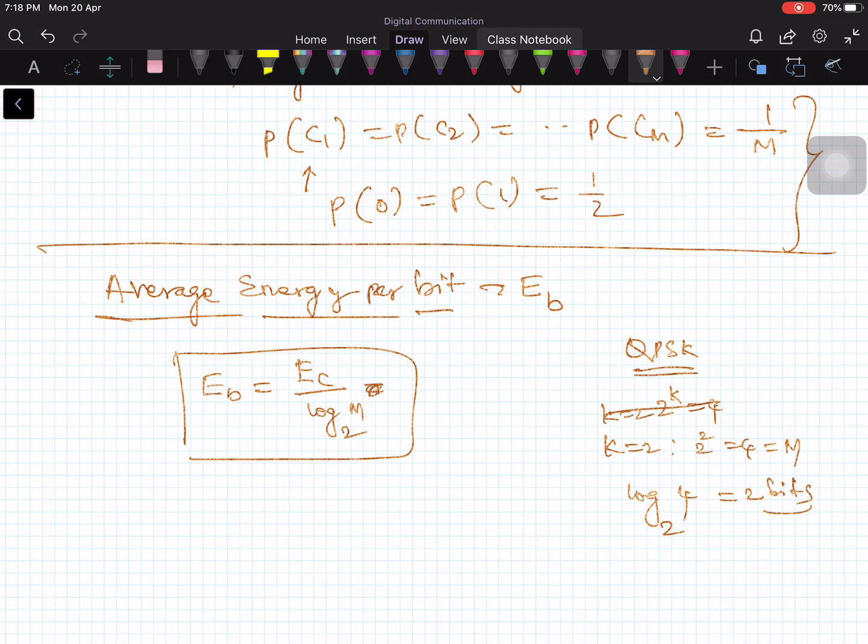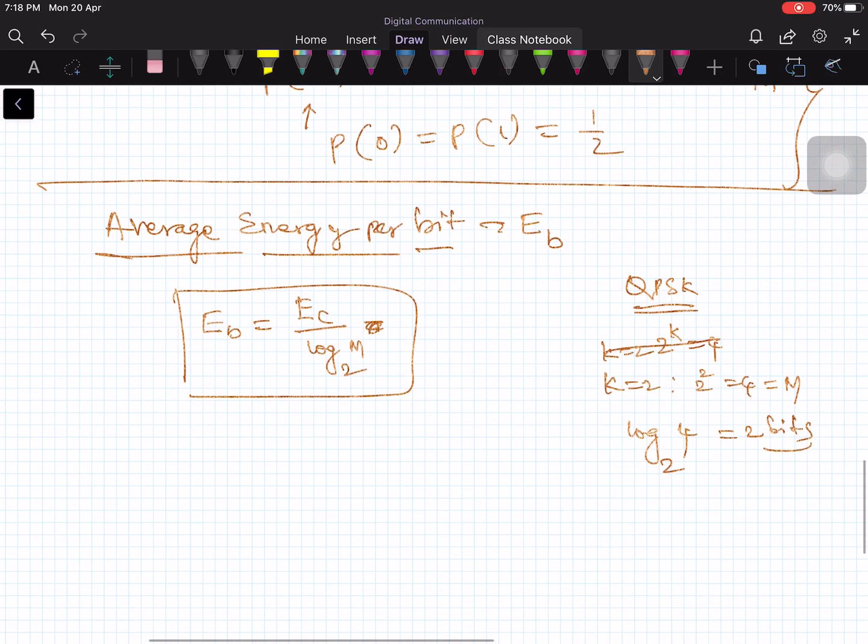So average energy per bit is given by Ec over log M base 2, or in fact simply you can say Ec over k, where k is the number of bits which you are using in each symbol. So this is as far as the energy definition is concerned.